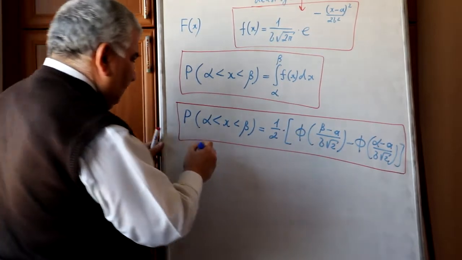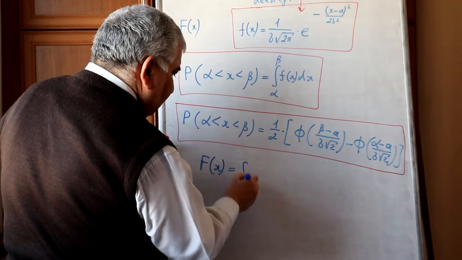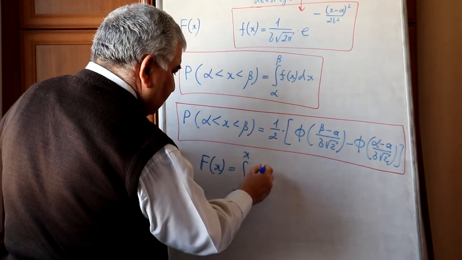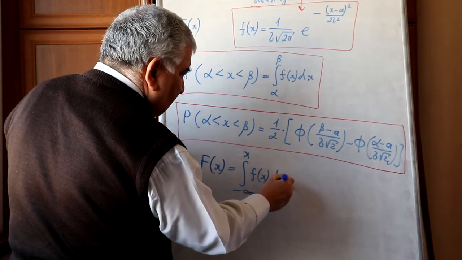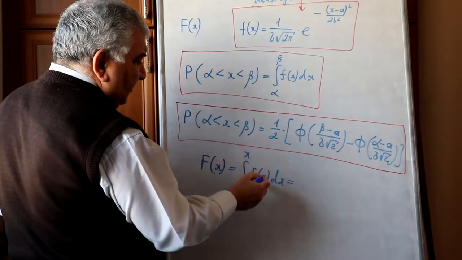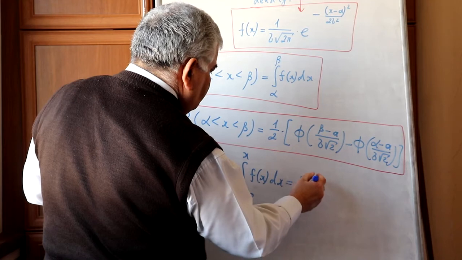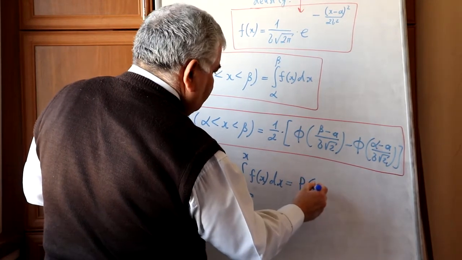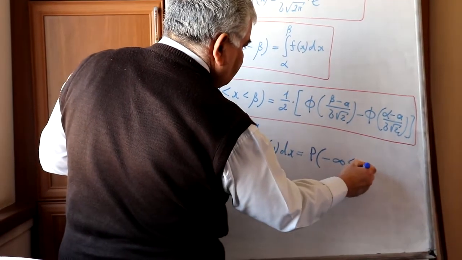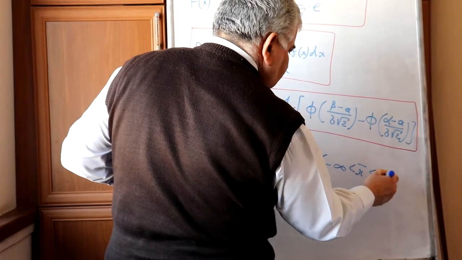F capital of x is the integral from minus infinity to x of f of x dx. But according to the formula of probability, it is P capital of minus infinity is less than x with line, is less than x.